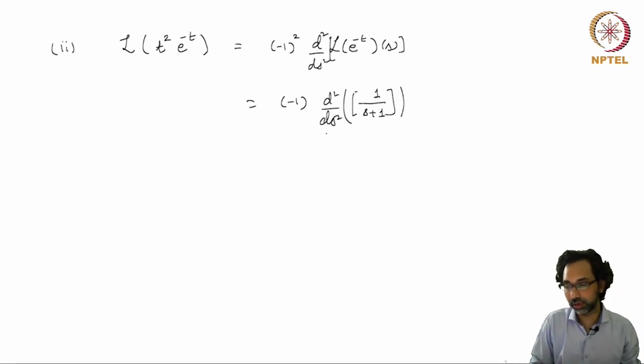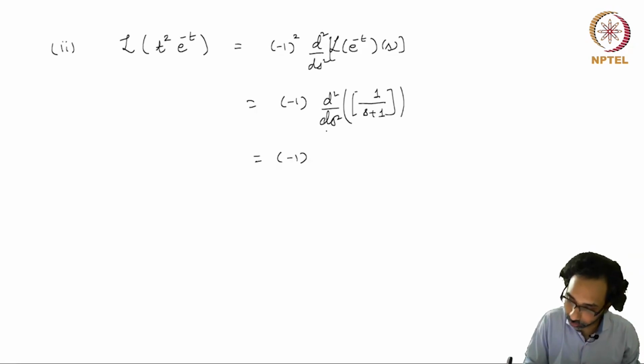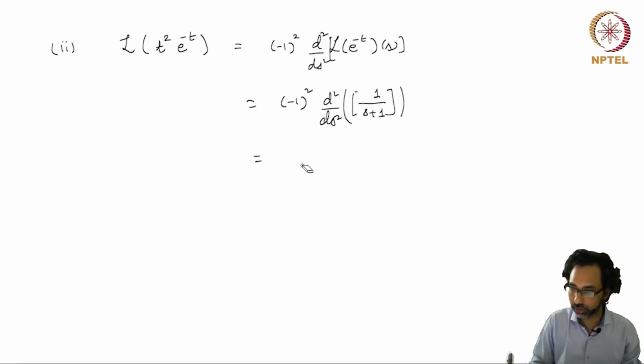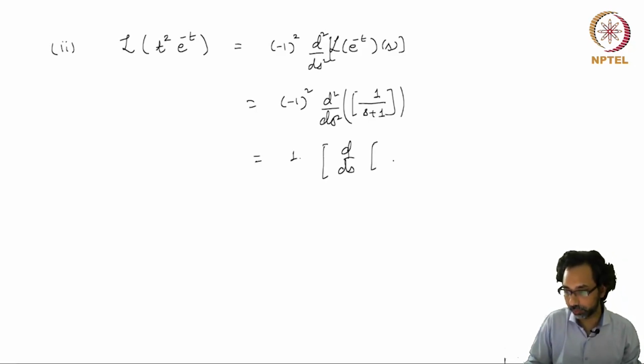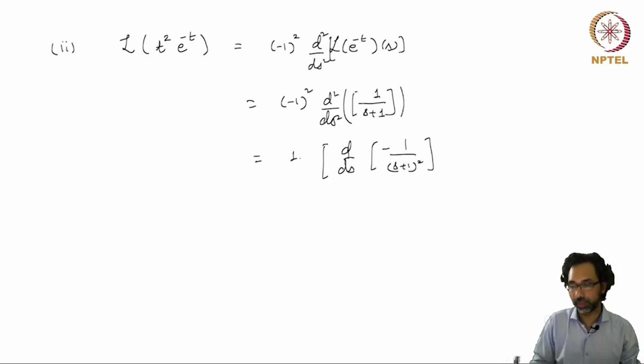So we have to differentiate 1 over s plus 1 twice. So let's do that. Sorry, this is minus 1 square, so this goes away, it's just 1. And you have d over ds of minus 1 over s plus 1 whole squared.